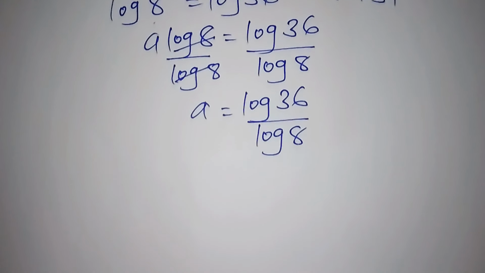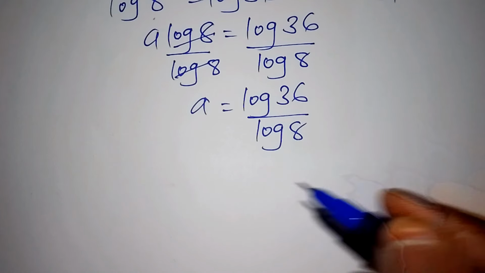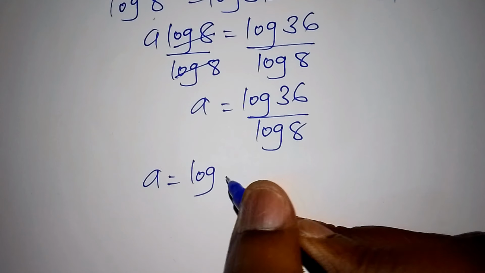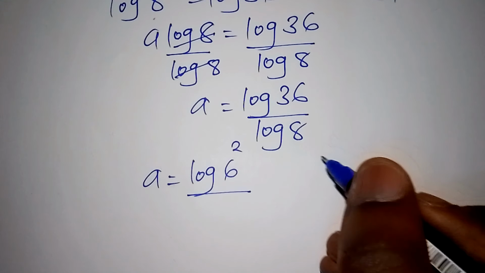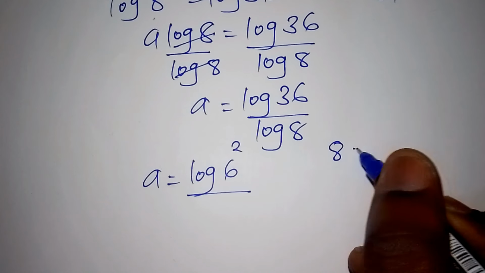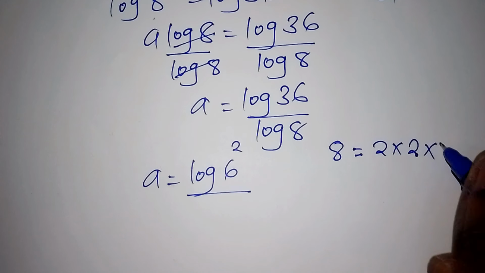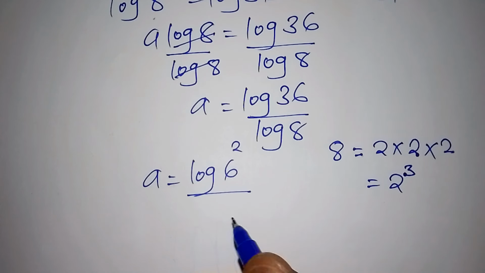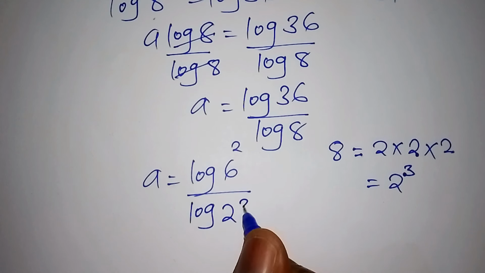From here we shall factorize the log of 36 all over the log of 8. So now our value for a is equal to the log of 36, also written as the log of 6 to the power of 2, all over the log of 8. 8 can also be 2 multiplied by 2 multiplied by 2, so here we shall have 2 to the power of 3, the log of 2 to the power of 3.